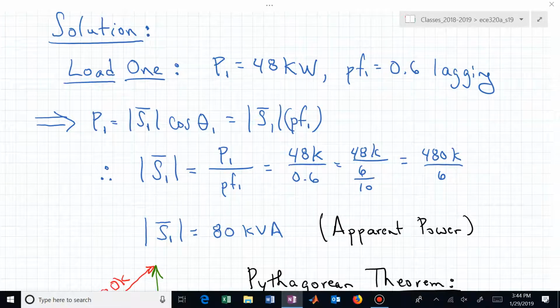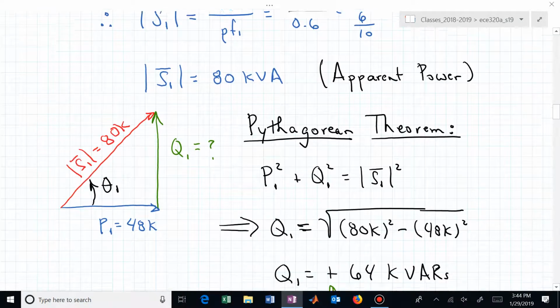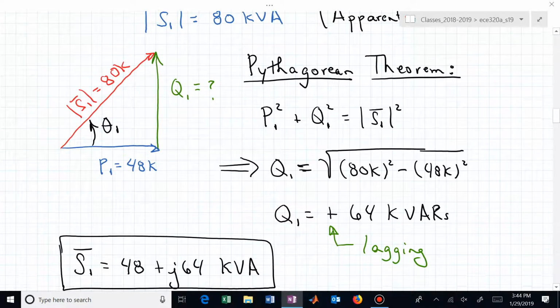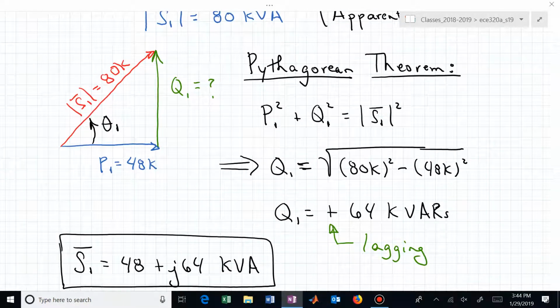Now we can sketch, and we can do this many different ways. We can say, oh, the Pythagorean theorem, a squared plus b squared equals c squared. Now if somebody says, what's the Pythagorean theorem, you can go, p squared plus q squared equals s squared. They're going to look at you kind of funny, but you can say, well, that's how I think of it.